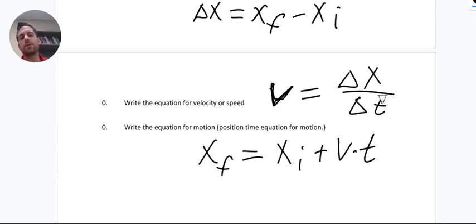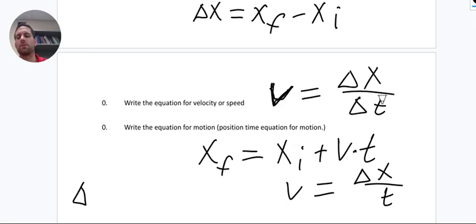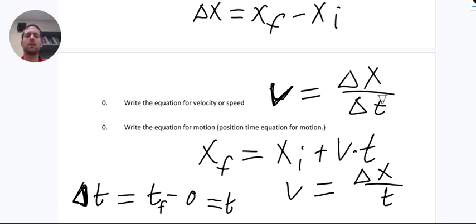And if you solve this, you will get back change in x over some time, which I wrote time here as if you have a time starting from 0, then that turns into t minus initial time of 0. So we just call that t final, t, usually.